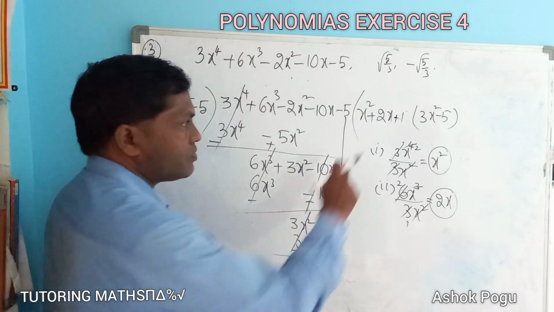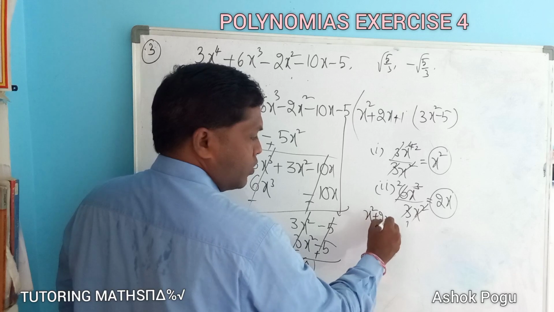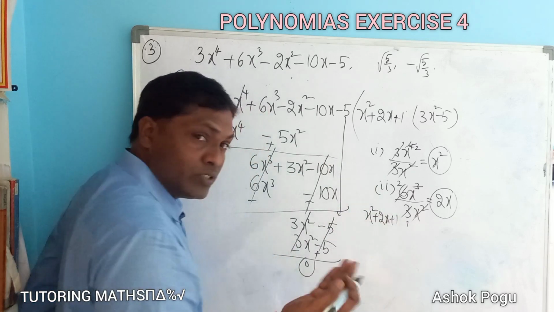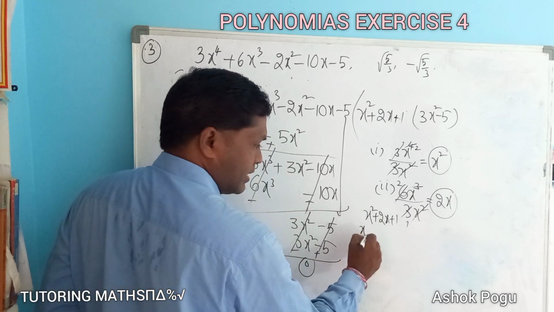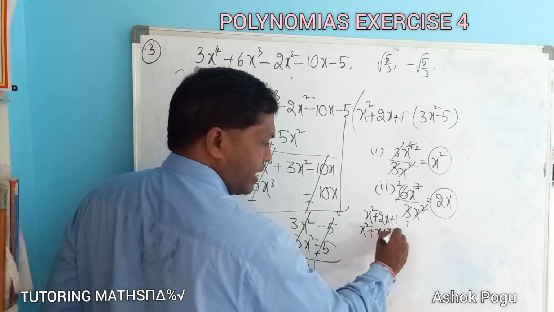Let us see. Here what is the given expression? x square plus 2x plus 1. Just simplify by using the middle term splitting method. That is, x square plus 2x can be written as 1x and 1x.